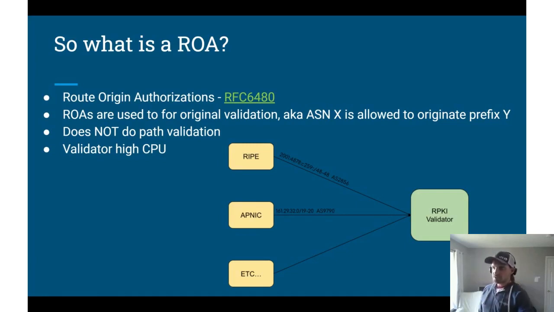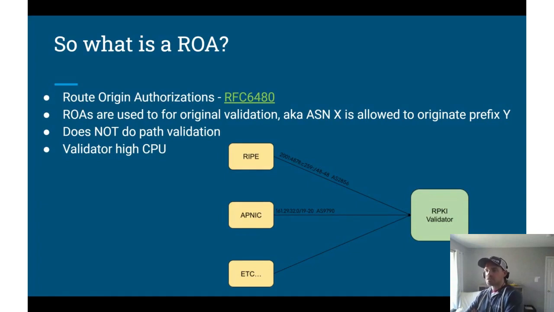But the issue is, how do you get this information from all these external locations into your router? The control plane on routers does not have very high performance CPUs, and every single one of these ROAs is cryptographically signed. So let's say there's 500,000 of these ROAs.